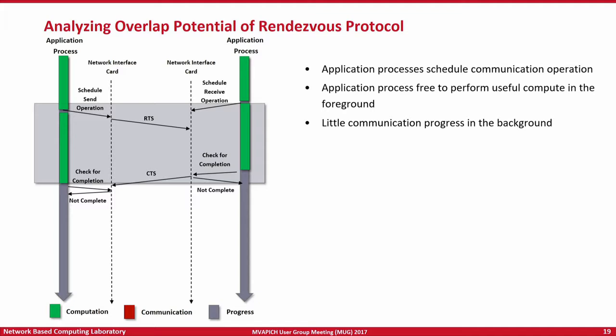So this results in close to zero overlap for your application. Even though your application developer was very smart and tried to write the application in a smart way, because of the way the MPI library is behaving, he's actually getting no overlap at all.